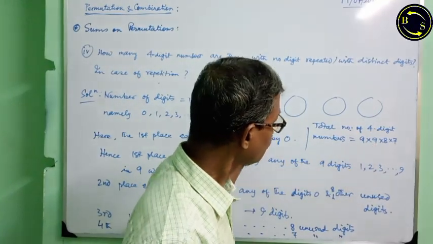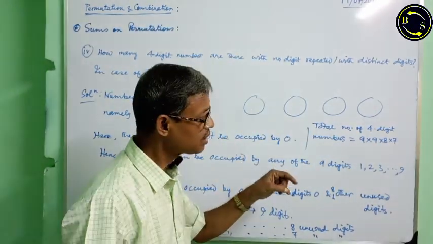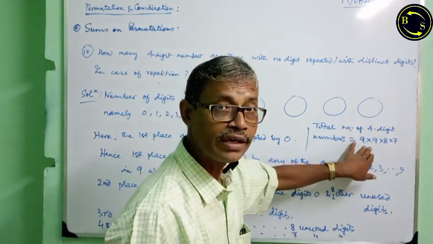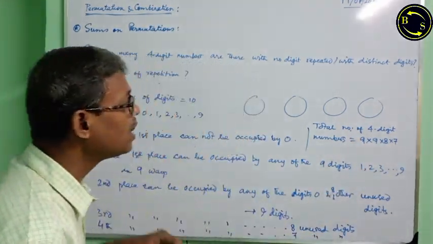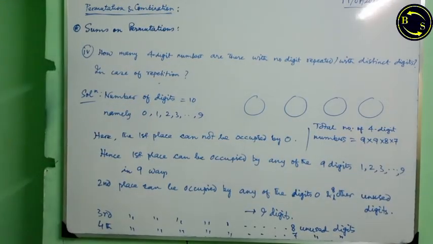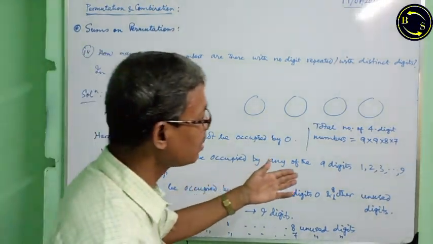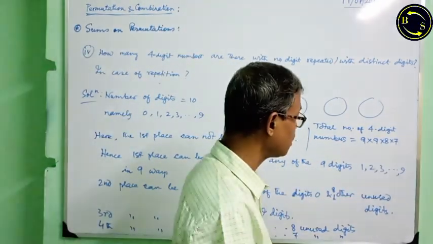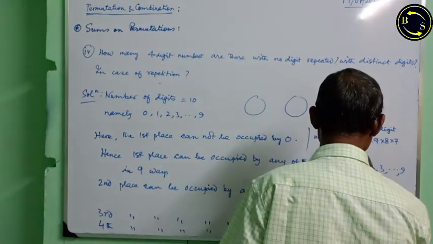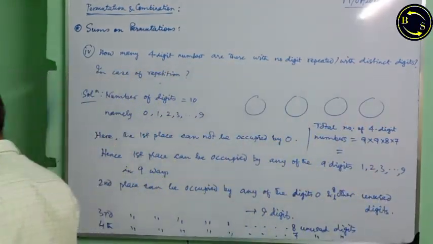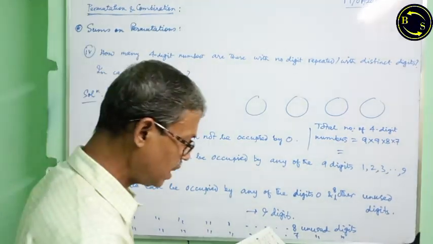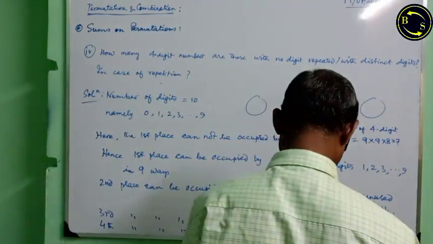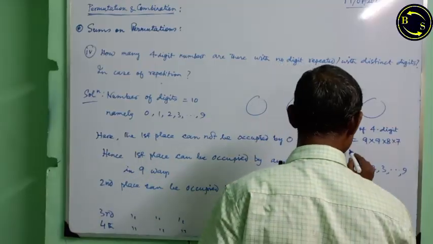Therefore, for 9 choices, the total number of numbers will be 9 into 9. Proceeding in this way, we can say the total number of 4-digit numbers will be 9 into 9 into 8 into 7. And after simplification, you will find the value will be 4536.